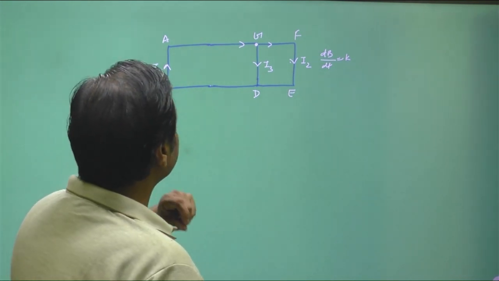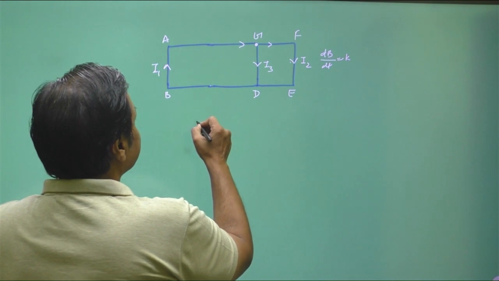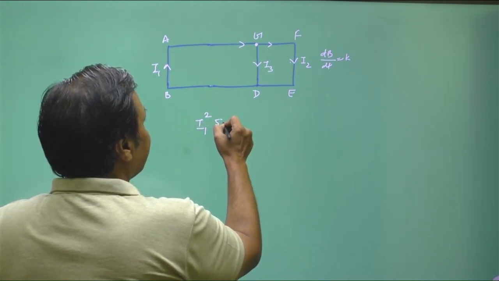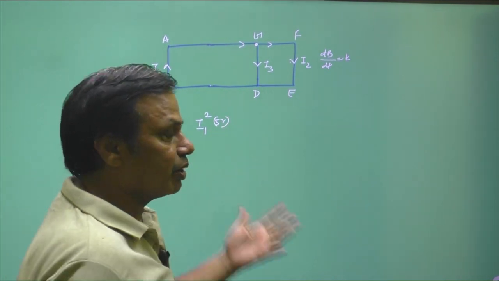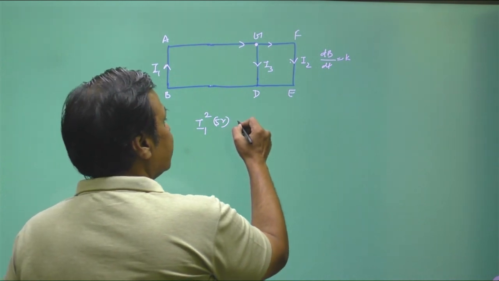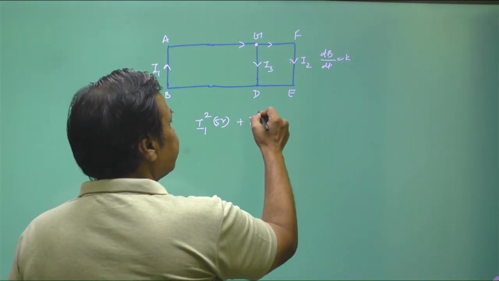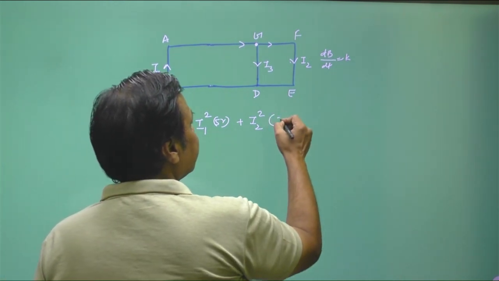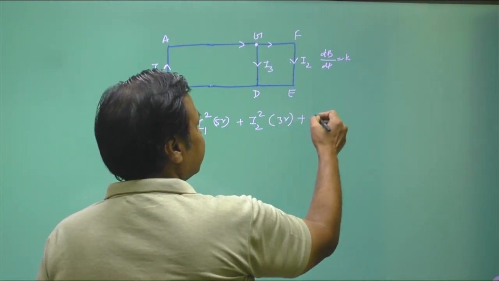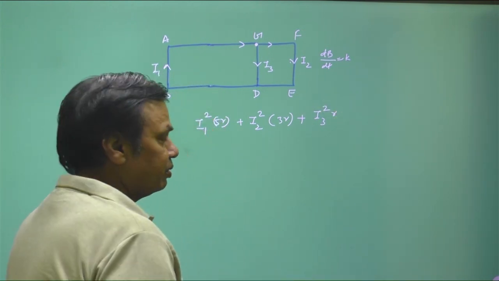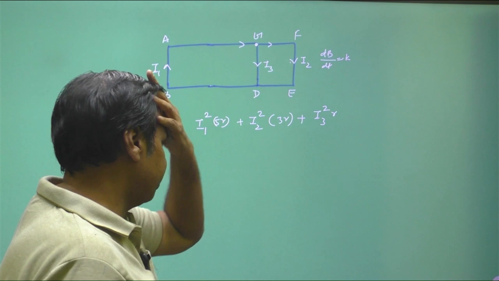I1 is dissipating power, I1 square multiplied by 5R, and this I2 is also dissipating power like I2 square multiplied by 3R, and this I3 is dissipating, I don't know, less or more, because I forgot the value of I3 and I2.